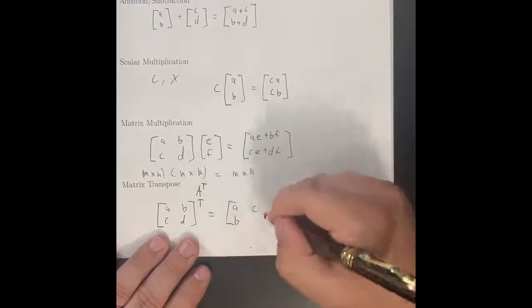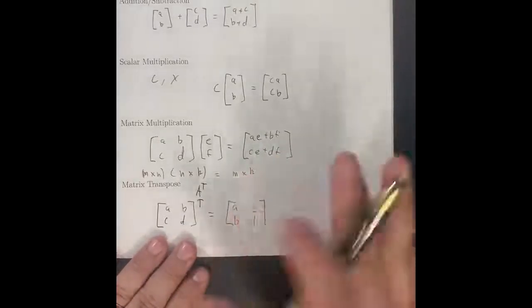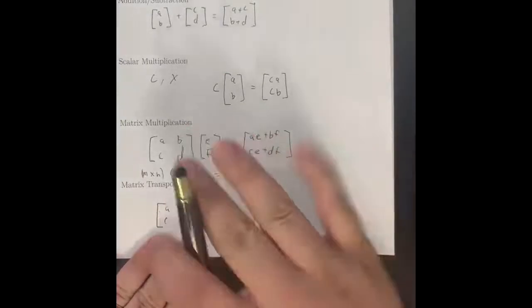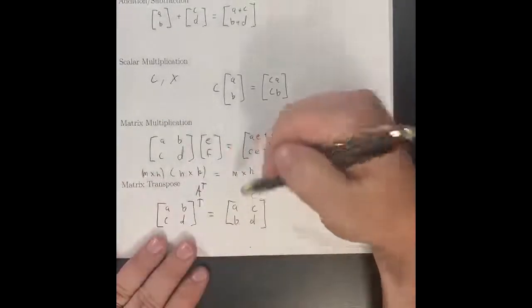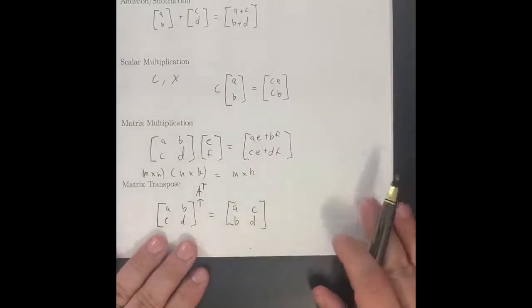The C is going to flip back, and the D on the diagonal stays the same. So we just flip all the entries, rotate them around that middle diagonal, leaving the diagonal alone. So that's the transpose of a matrix. All right, so that's kind of some basics.